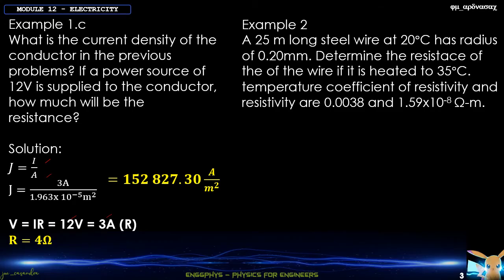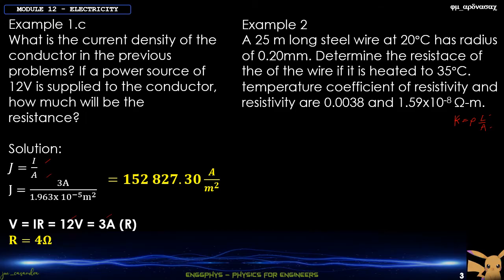Here, I want to know the resistance of the wire, or of our conductor, from 20 degrees to 35 degrees. So for 35 degrees, I can use the equation R equals rho L over A. We know the length, and we could also compute the area.